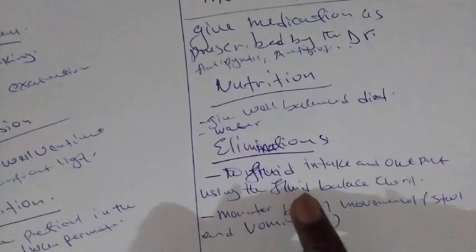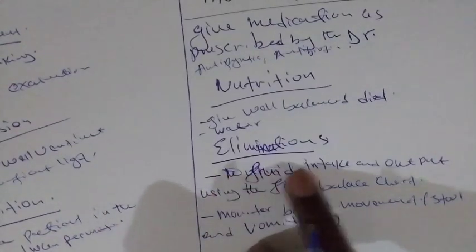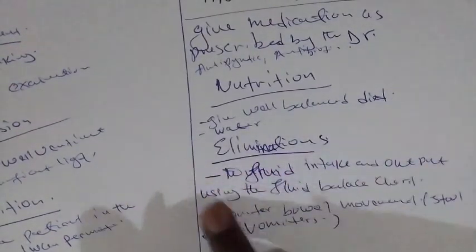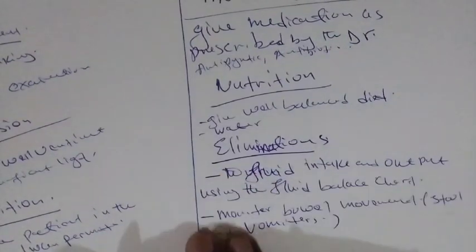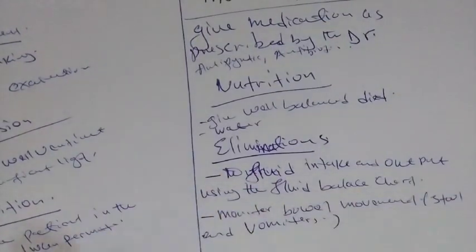So under fluid, how much water has the patient taken, juice, any fluid the patient has taken in, and then we monitor through the urine. If maybe someone is on a catheter also, you can see from the catheter.